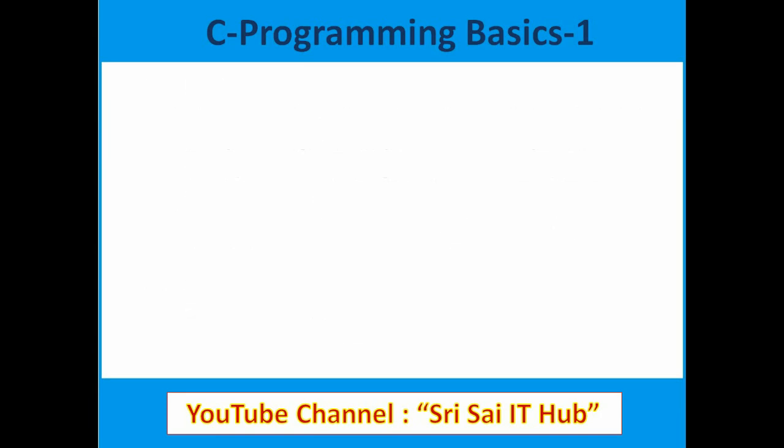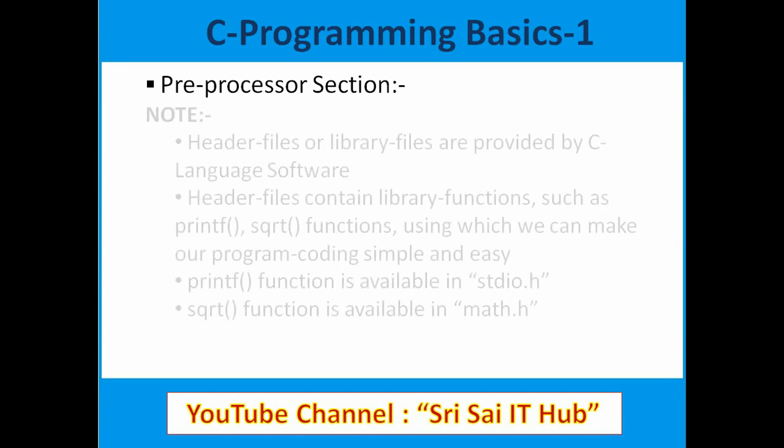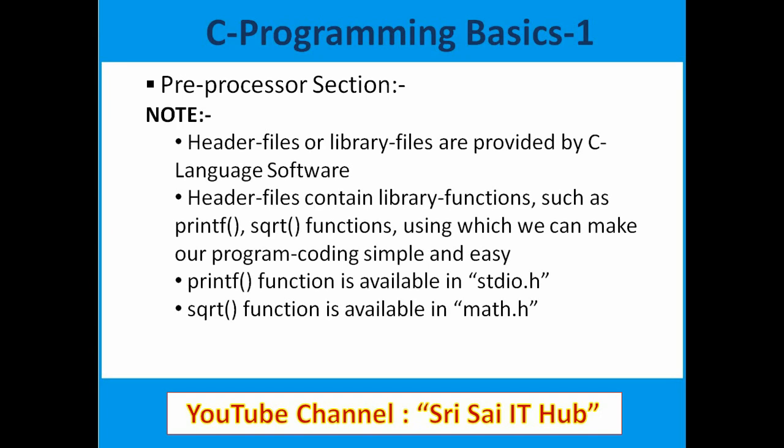Now, the header files or library files used in the preprocessor section are provided by the C language software. Whenever we install C language software, these header files are automatically installed in our system.